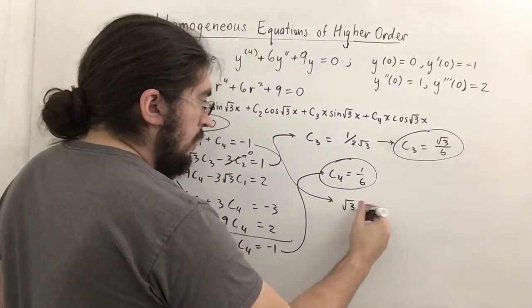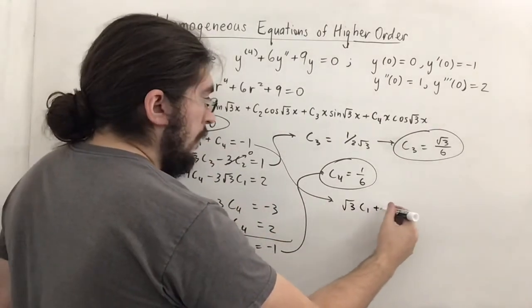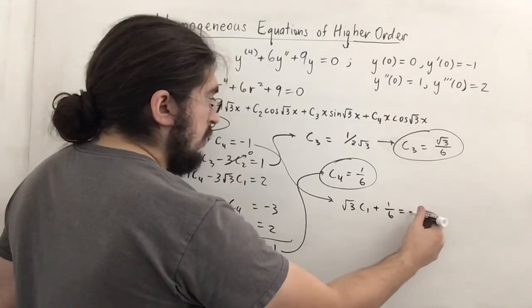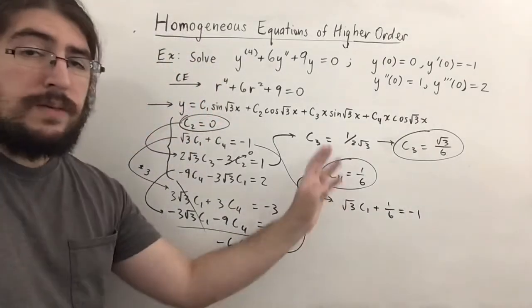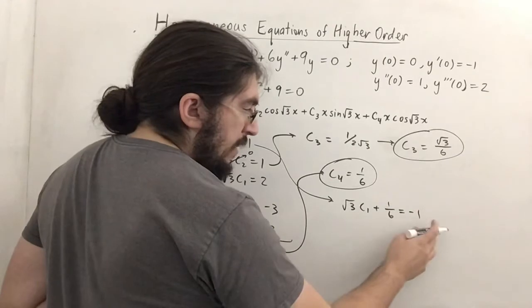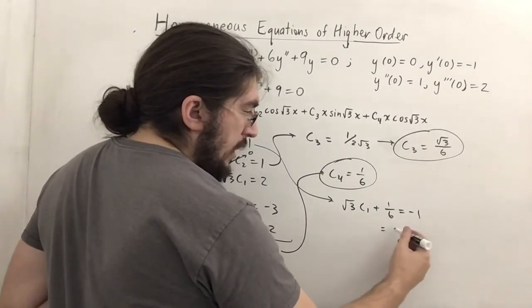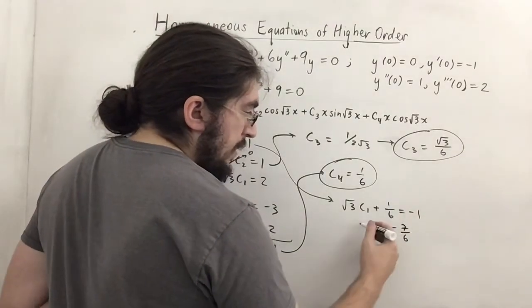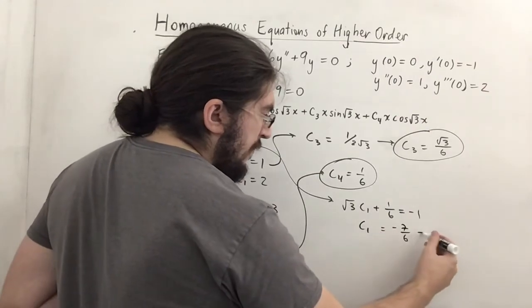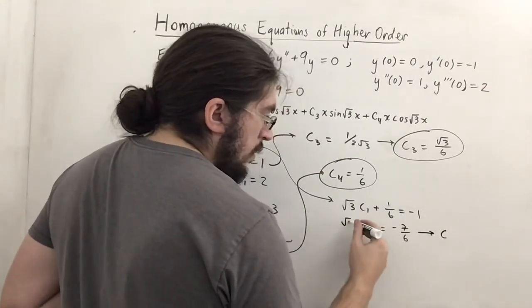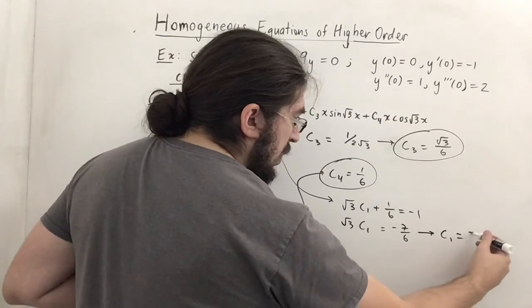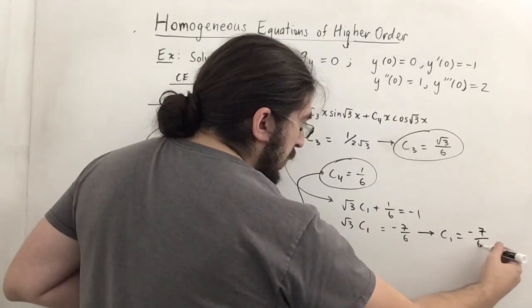So we get radical 3 C1 plus C4, which we now know is 1/6, is equal to negative 1. If we subtract 1/6 to the other side, negative 1 minus 1/6 is negative 7/6, and then divided by radical 3, we end up getting that C1 is equal to negative 7 over 6 radical 3.